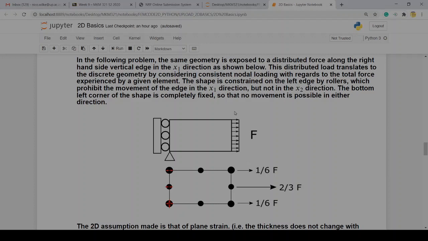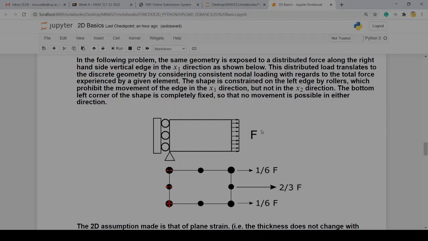And so when we integrate this over this area, because it's also 1 millimeter thick in the page, we find that this load, which is now either Newton per meter or Newton per meter squared, depending on what it's given as, splits 1/6 F, 2/3 F, 1/6 F of this total force.